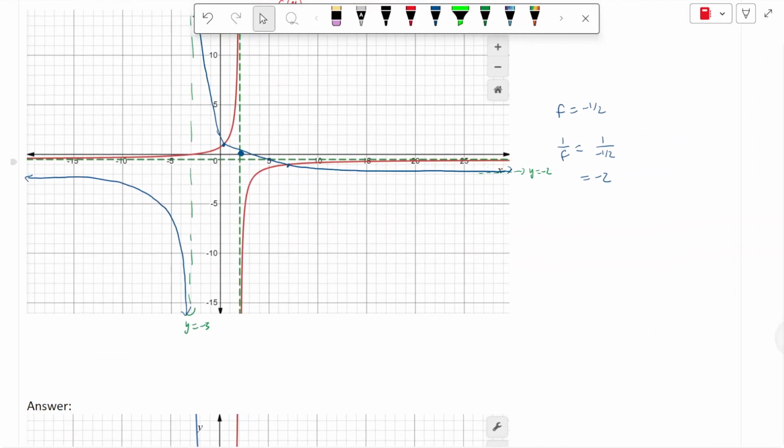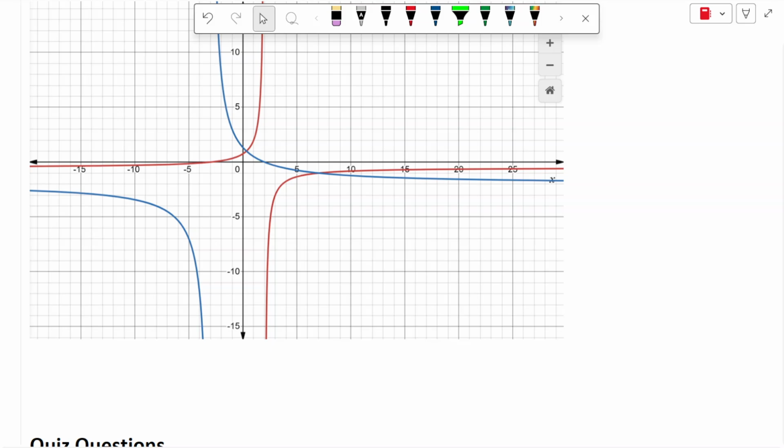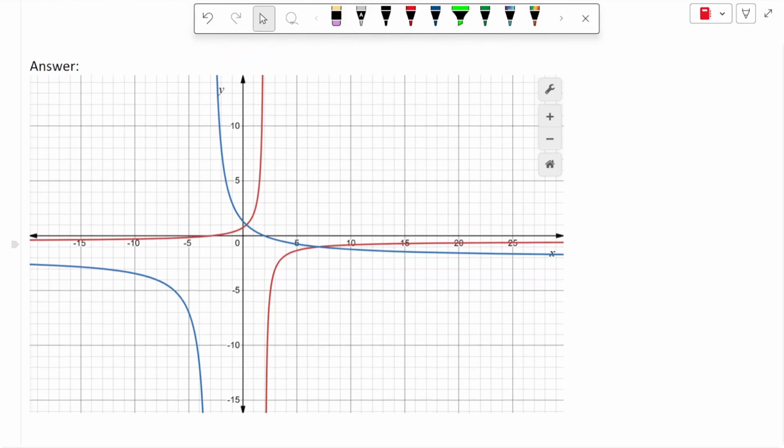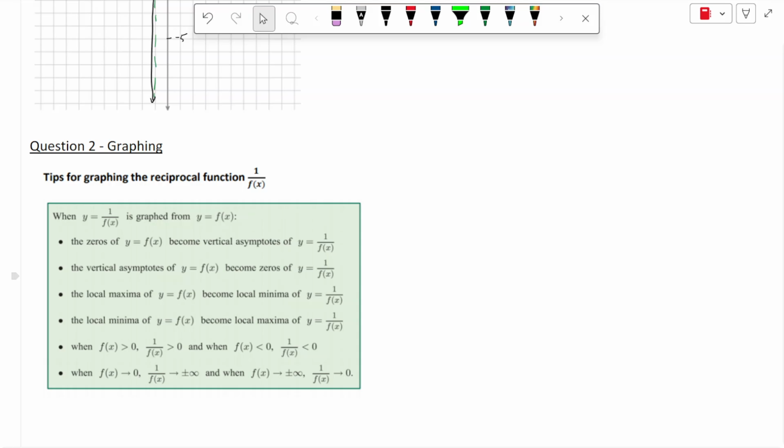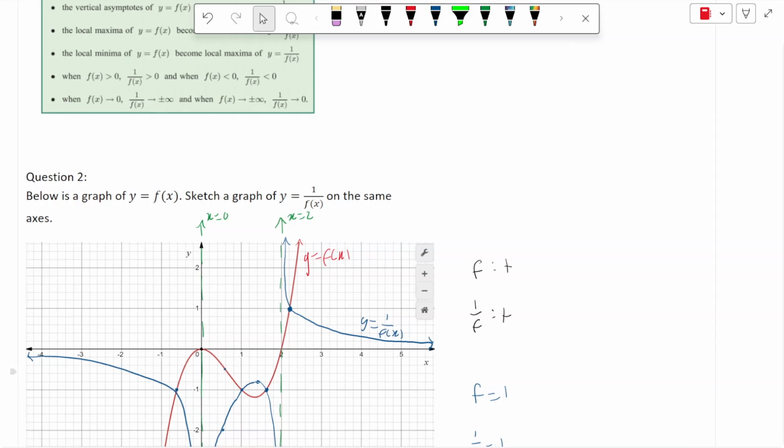And that asymptote line at y equals 2 is going to go across the whole thing. I keep saying 2, but I mean minus 2. Okay. There's the answer in case you're curious. So something like that. So yeah, follow these steps to graph it. And that is a question you're very likely to be asked. Have a picture of f, you've got to sketch 1 over that function.